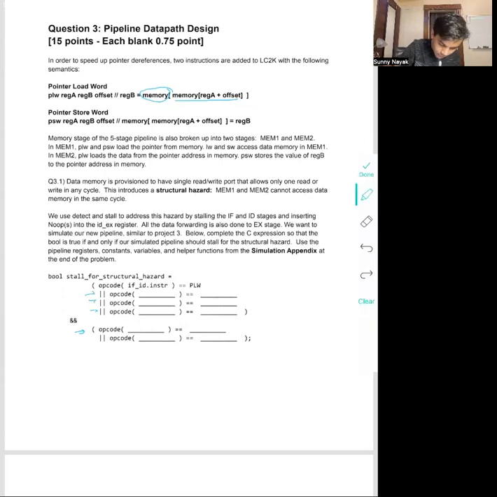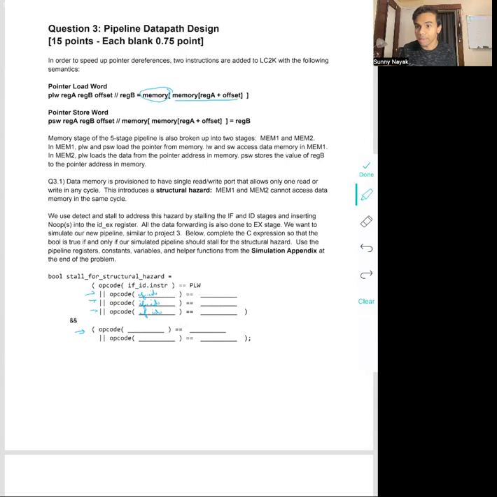So just intuitively, my guess is that all of these are going to be the same. I'm not going to write that instruction, but the reason I say that is because, in a structural hazard, if I'm visualizing my pipeline, I'm going to be comparing the 2 stages that matter.